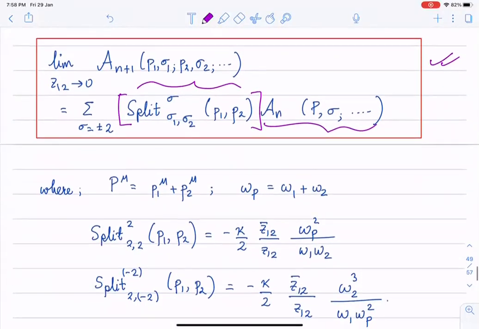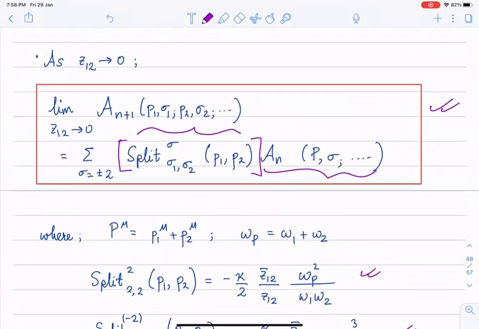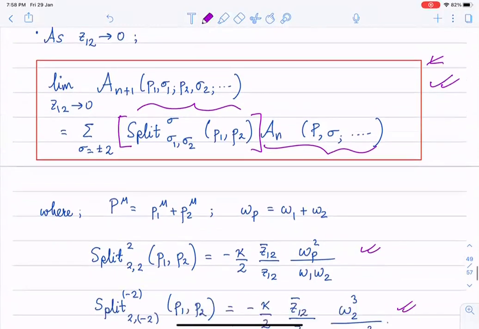The splitting function has some particular form in momentum space, which looks like this. Now we can take this form of the factorization of the amplitude in the collinear channel and do a Mellin transform of it.